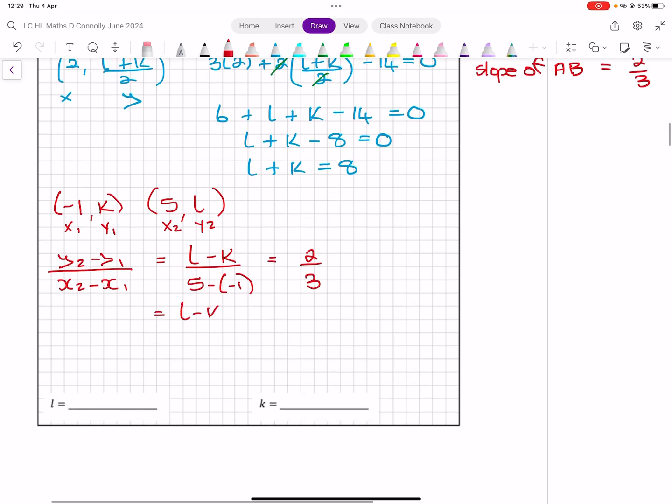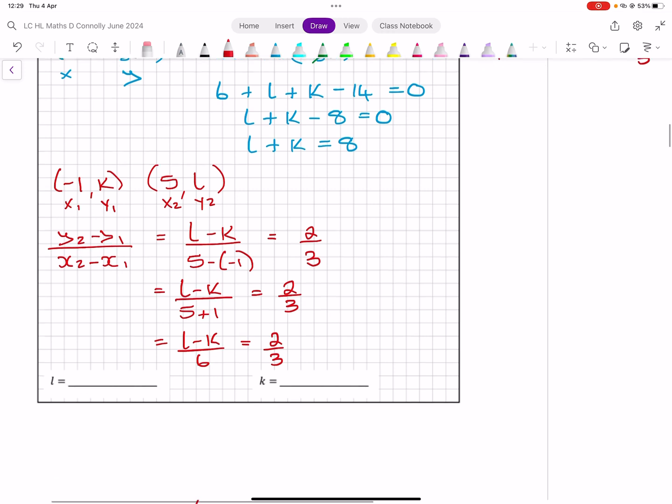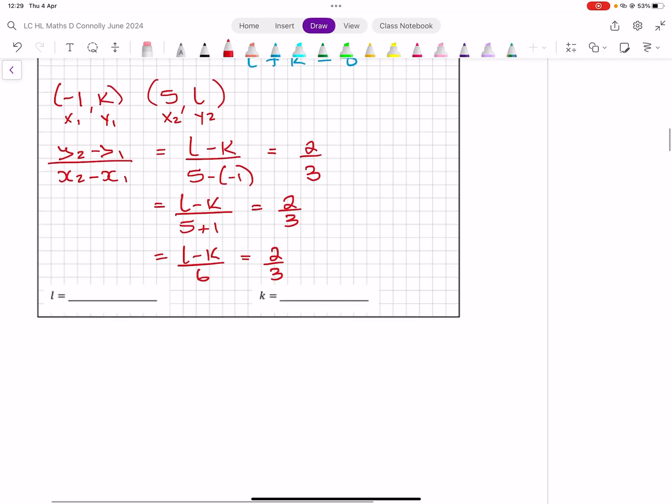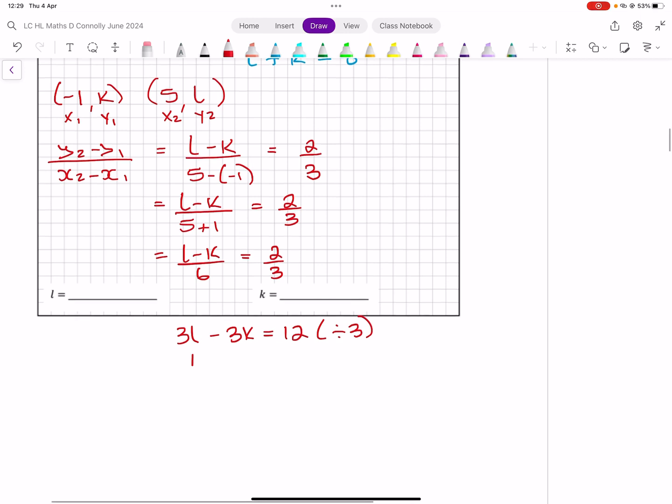So I get L minus K over 5 plus 1 equals 2/3. So L minus K over 6 equals 2/3. And if I cross multiply, I get 3L minus 3K equals 12, and I can divide across by 3, and I get L minus K equals 4.